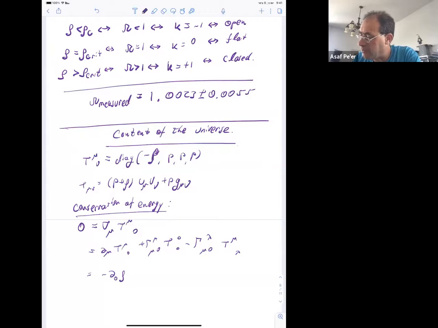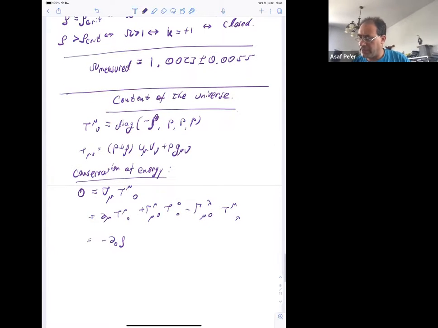And then for the Gamma mu 0, we want to remind you that we did this derivation last time as part of deriving Friedmann's equations. I wrote it down for you. Gamma 1 1 0 is equal to Gamma 1 0 1 is equal to Gamma i 0 i, for i equal 1, 2, 3, which is just a dot over a.